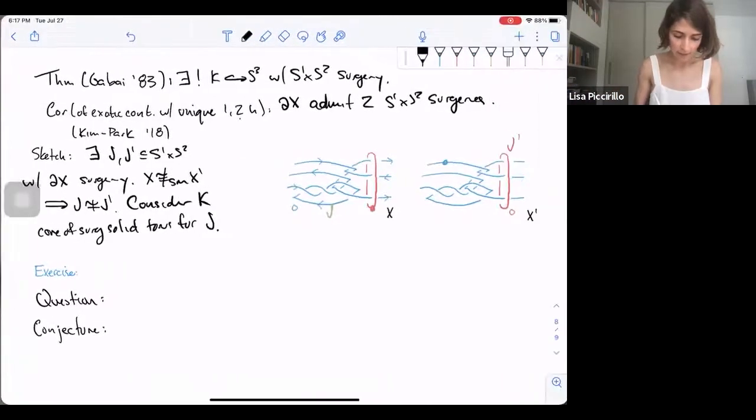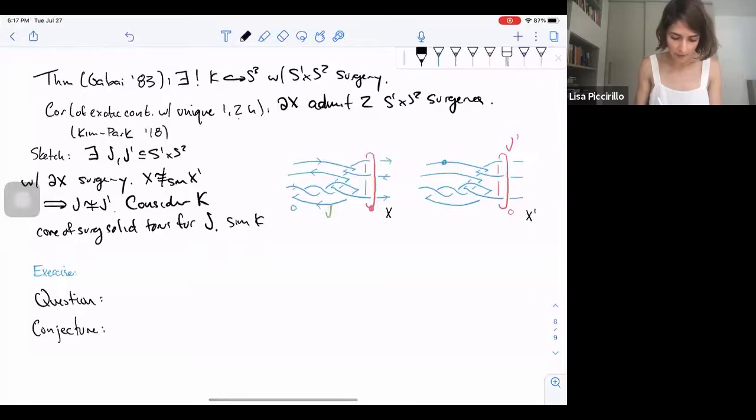And similarly, K prime for J prime. Then what you want to check is that K is isotopic to K prime if and only if J is isotopic to J prime.